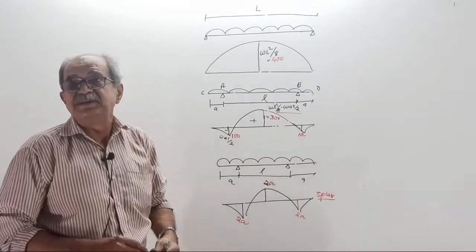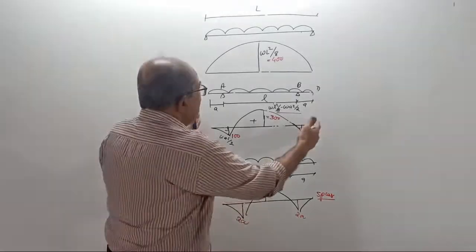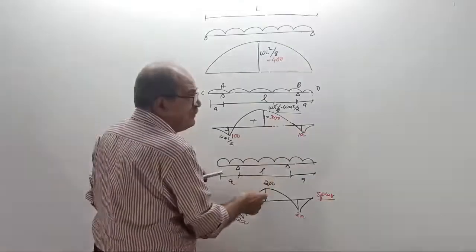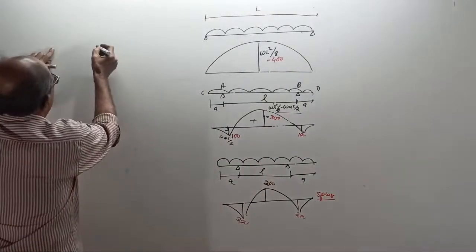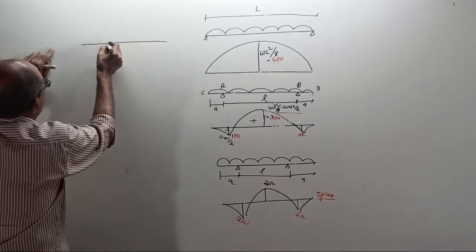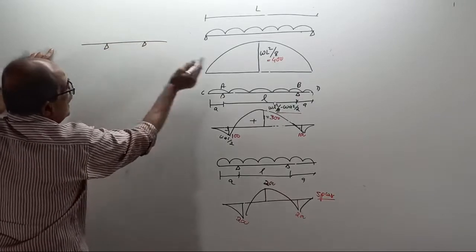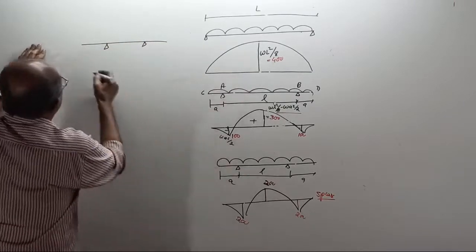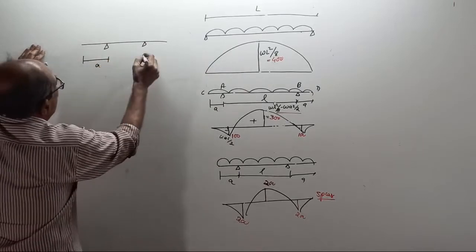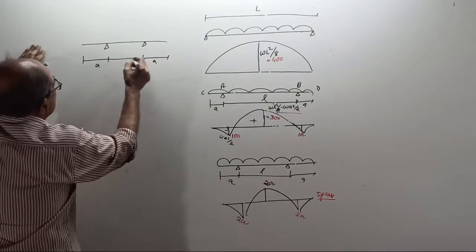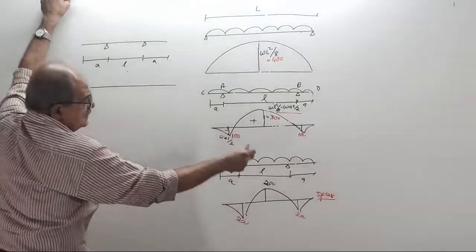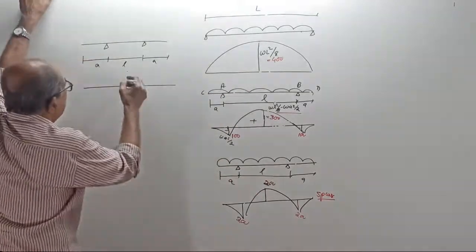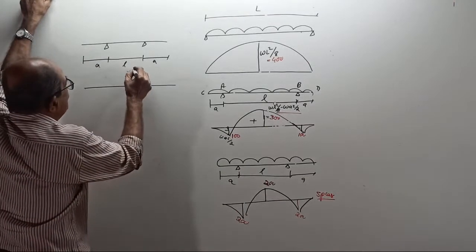Now, by chance, you got a taste of reducing BM. As I increase the overhang, this BM keeps on reducing. If I provide a little more overhang, increase the overhang furthermore, and lesser span, now the BMD will come. What will happen? This 200 will reduce, maybe it will come to 120.